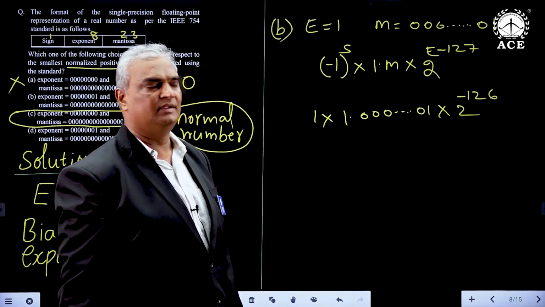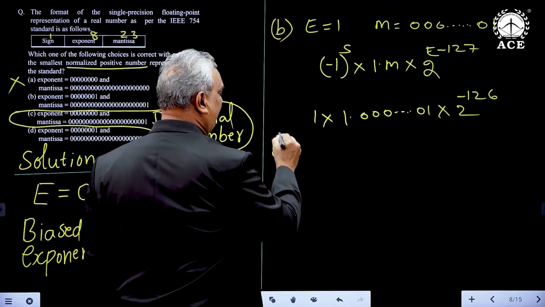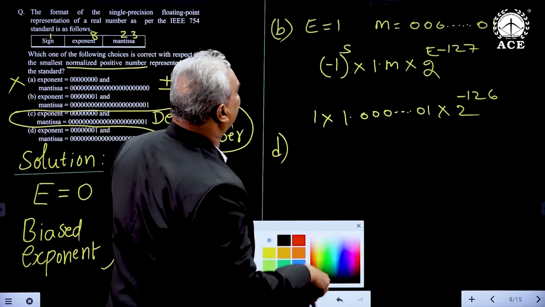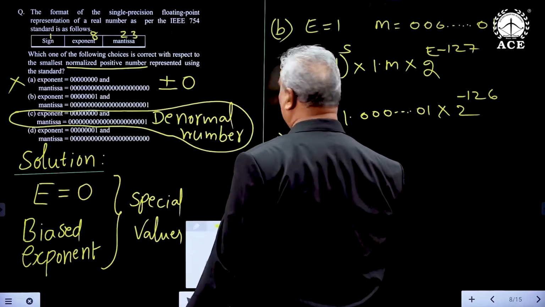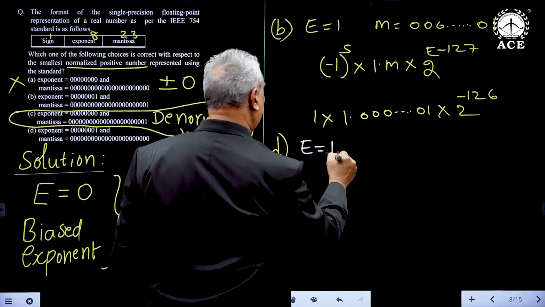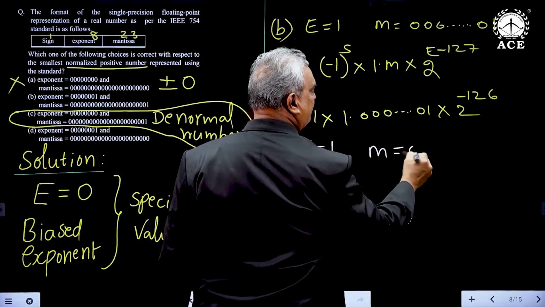Next, find the value of option D. E value he gave is 1. M value is all zeros.